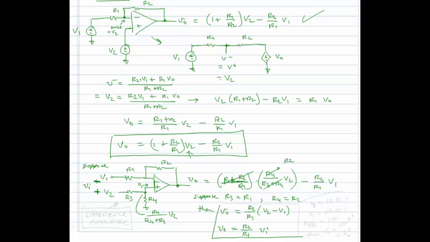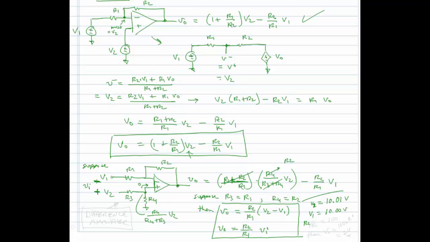And what is significant here is that suppose V2 was equal to 10.01 volts, and V1 was equal to 10.00 volts.